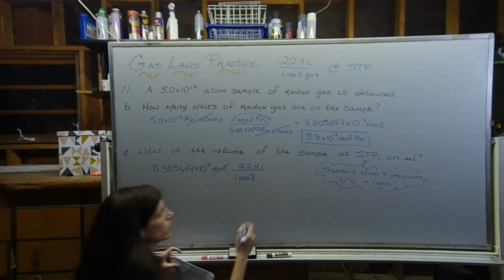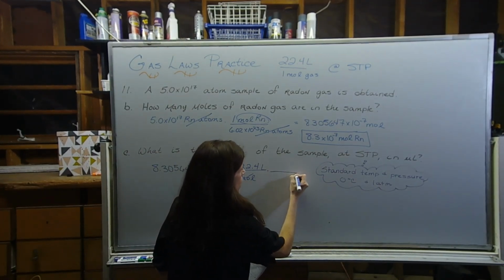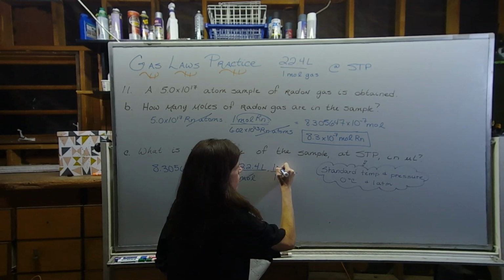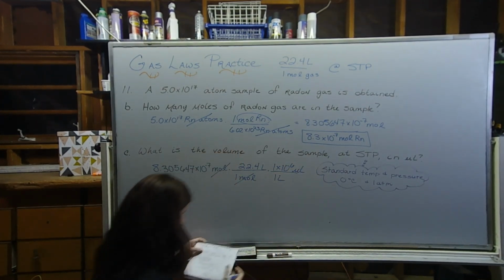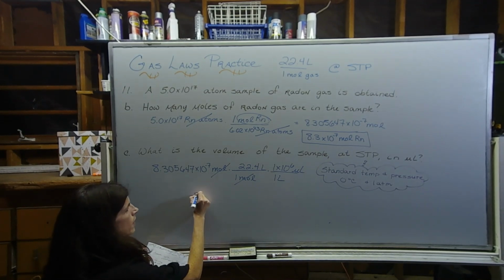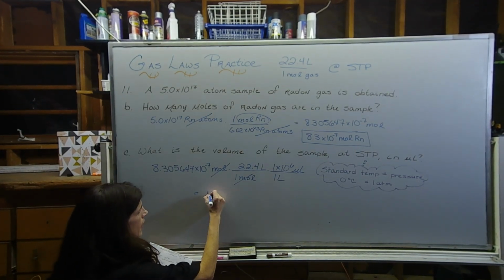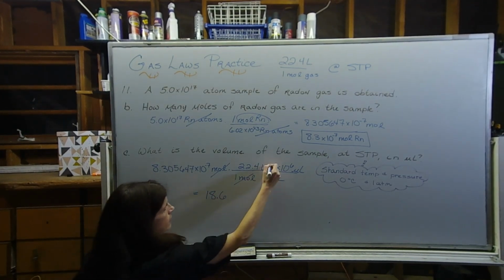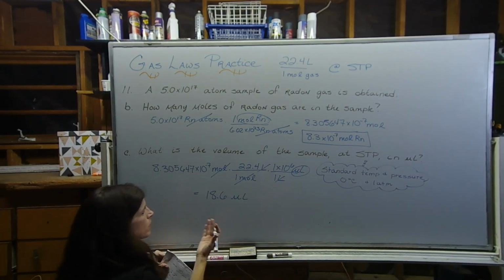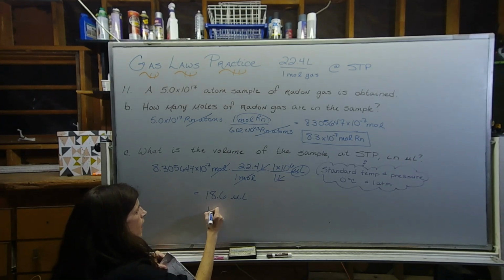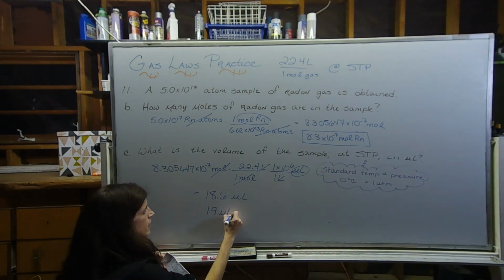They want it in microliters, right? So 1 liter has 1 times 10 to the 6th microliters. When I multiplied across, I got 18.6 microliters, which because of the 2 sig figs, I would report as 19 microliters.